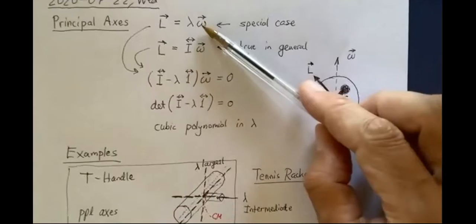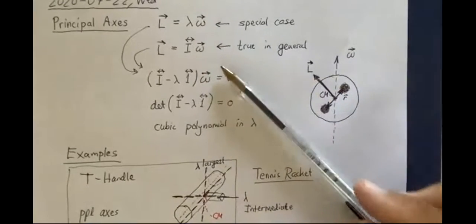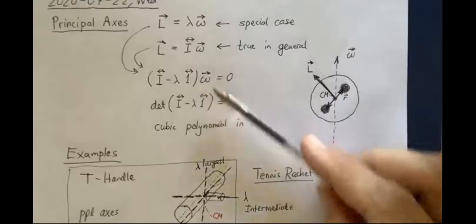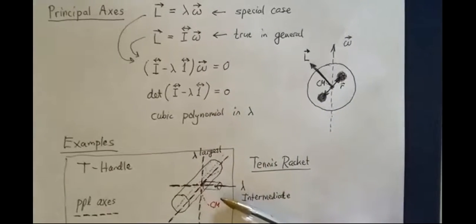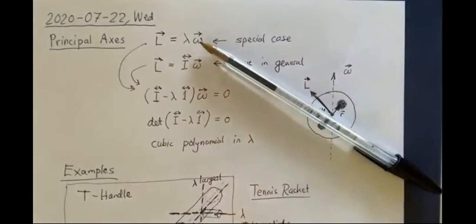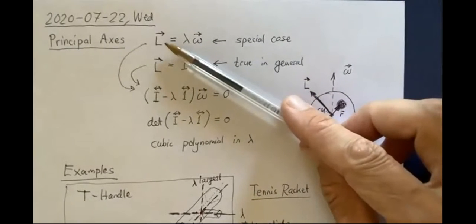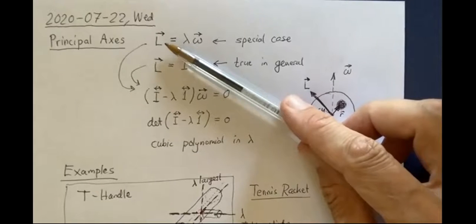So if you prepare the system, meaning you throw the tennis racket into the air or you launch the dancing T-handle, with an omega vector that is pointing along the principal axis, then the angular momentum vector will be a constant independent of time.